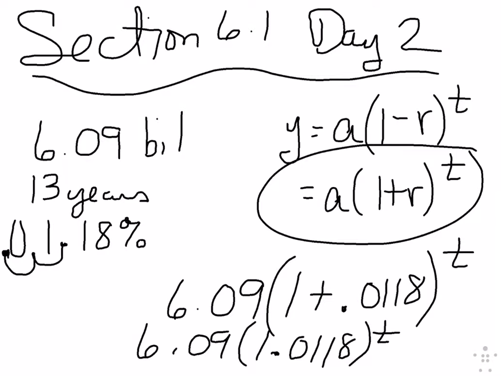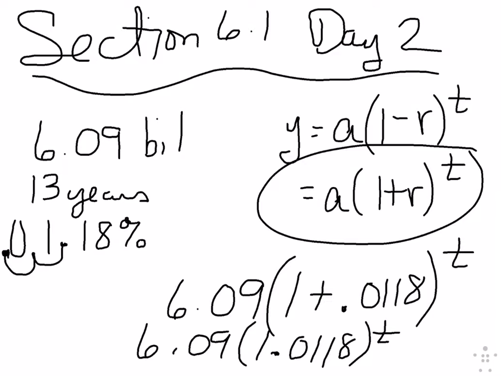Now, from here, if I asked you to figure out what was the population in this year, could you do it based on this formula? Yes, you could. So if I said, estimate the world population in 2005, do you put 2005 in for T? No. Remember what year did we start in? 2000. So 2005 is approximately how many years after? 5.